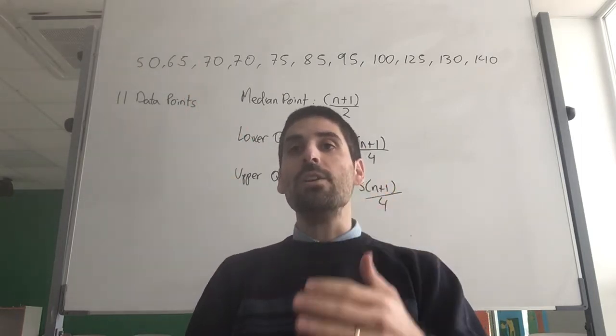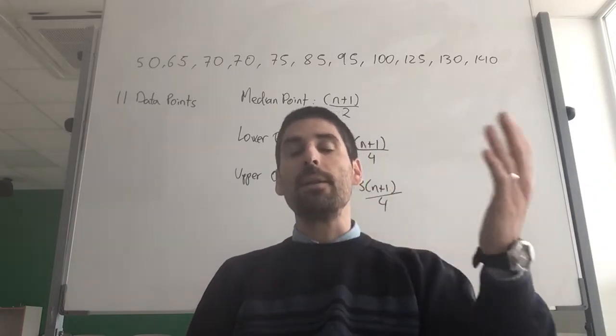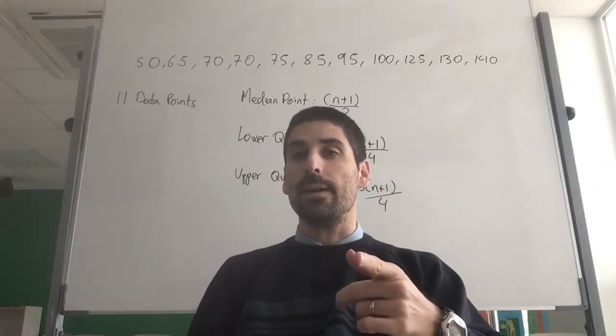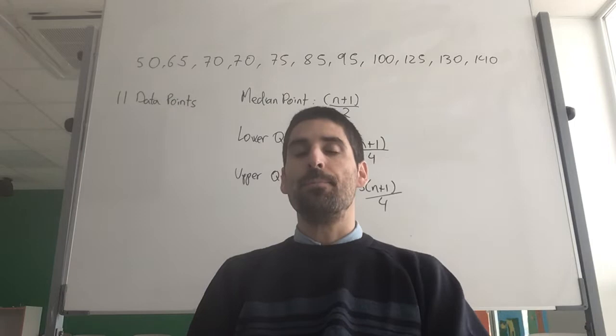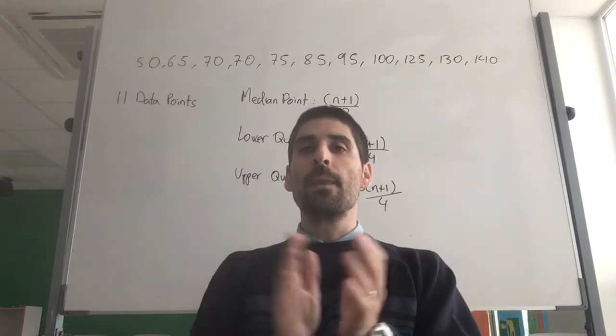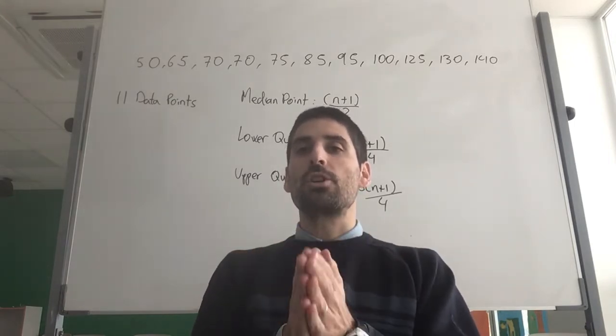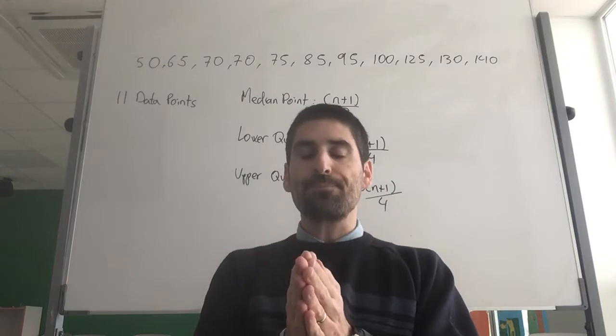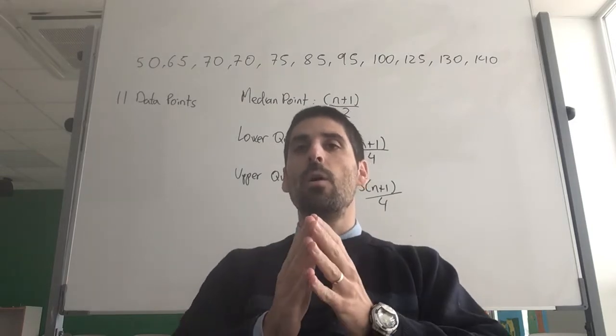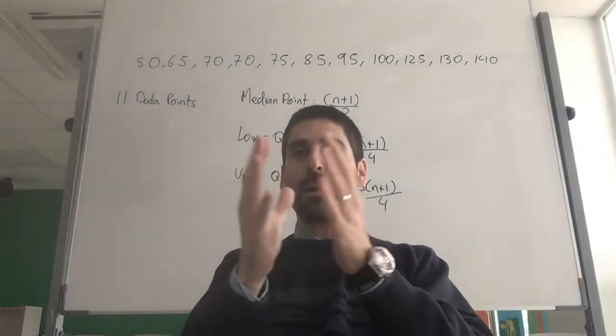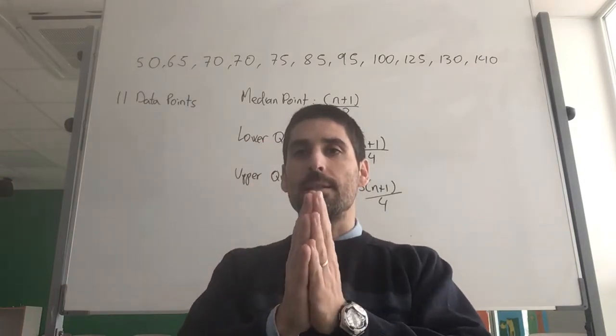Remember, the range is not an average. What's the range? We said the range was a measure of dispersion. It measures how wide apart or how bunched up together our data is.